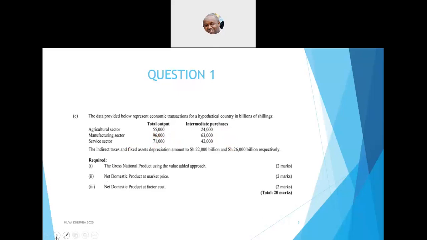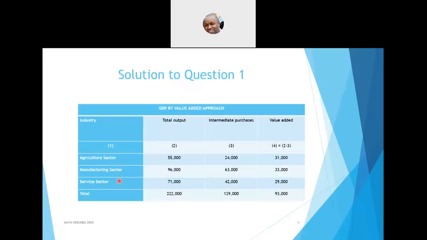Take a few seconds. Good. Let's look at the solution. Now, again, I've done this in form of a table. I have the sectors, I have the total output, and I have the intermediate purchase, and I'm sure you ended up with similar figures in whichever approach you adopted.